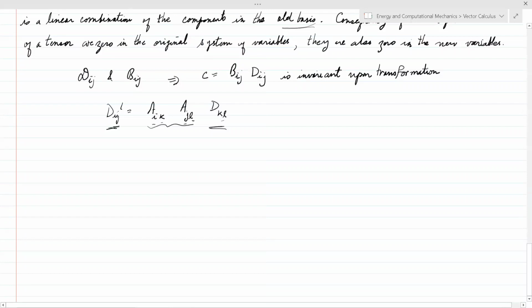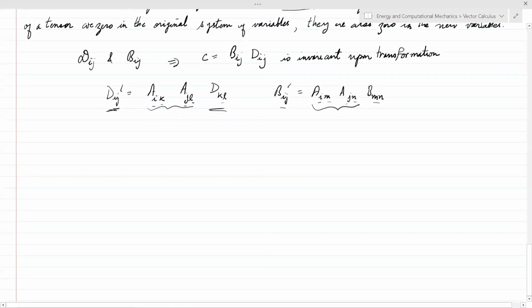Now I'm going to do the same thing with Bij prime, and I have AIN, AJN, BMN. Here you can see again Ij here, and then the M and N are here. These are your direction cosines. I'm trying not to use K and L because I'm using M and N here, so I don't want to repeat stuff.